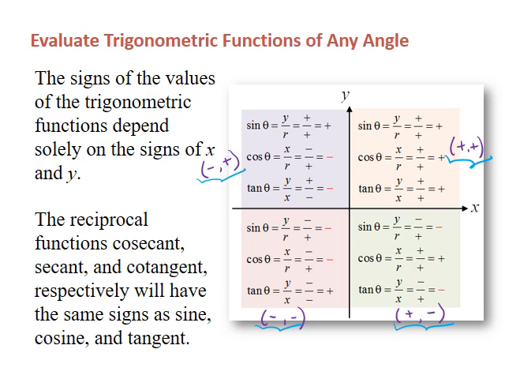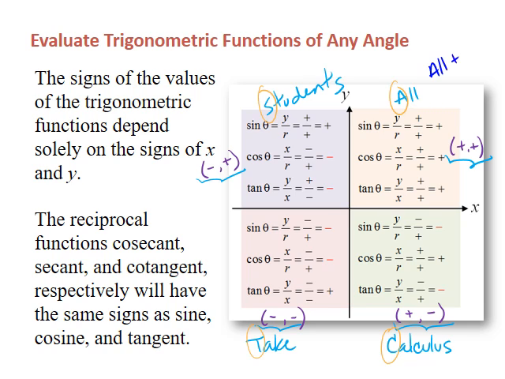Some teachers like to say "All Students Take Calculus." If you look at the first letter in each of these, A means that all of the trig functions are positive, because if sine and cosine are positive, everything is. S says that sine is positive. Well, we already know that.